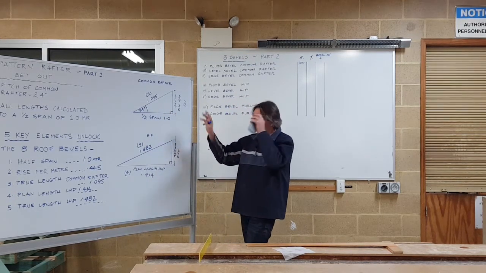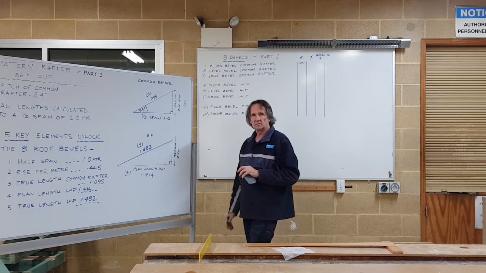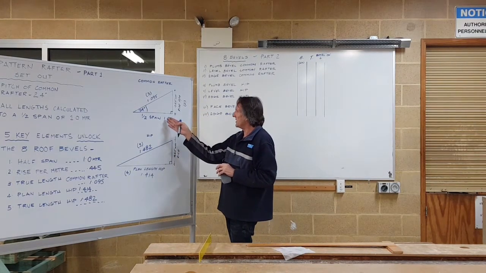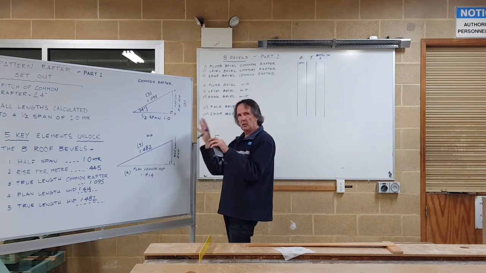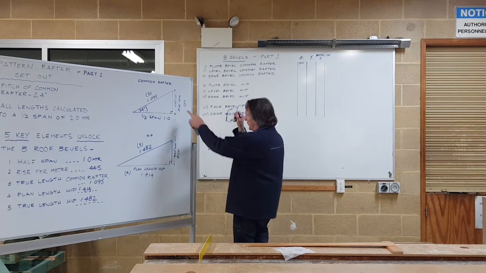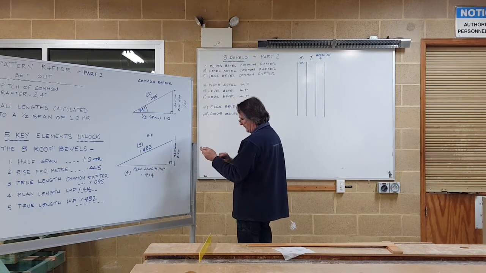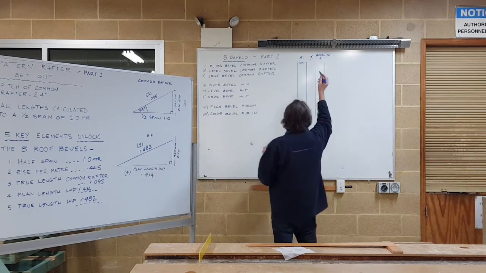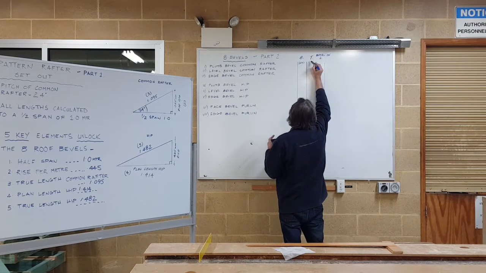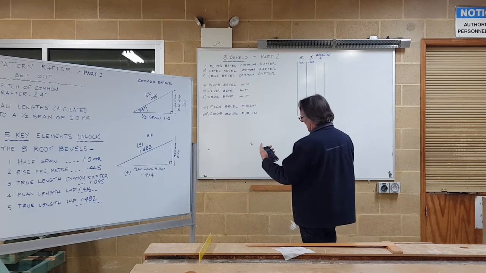I'll do exactly the same thing with the tongue. If I multiply that by 0.3, I've got to multiply the other side by 0.3 to keep it all equal. So 445, 0.445 times 0.3 equals 134. 134 will go on the tongue.